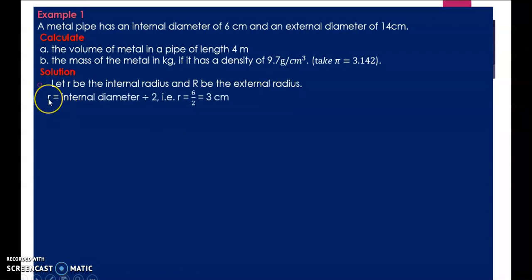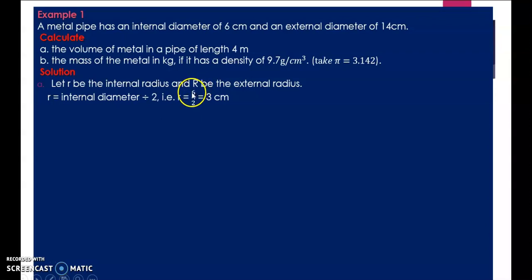Now, our small r, which is the internal radius, is equal to the internal diameter divided by 2, because they are not giving us the radius directly. They gave us in terms of diameter. So we need to convert that diameter to radius, so we have to divide our diameter by 2.